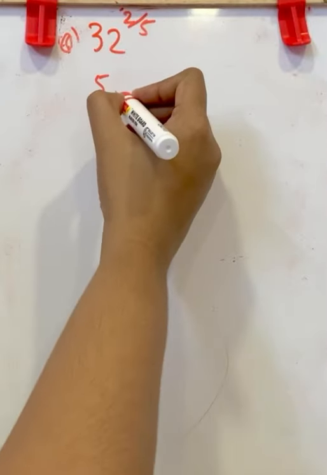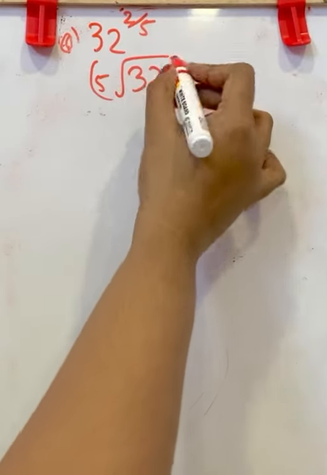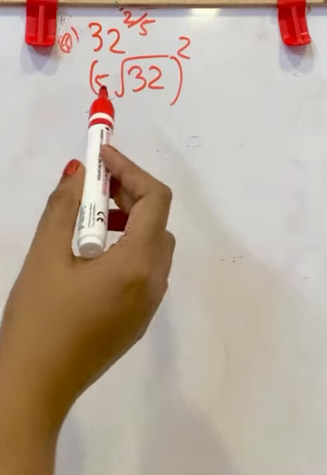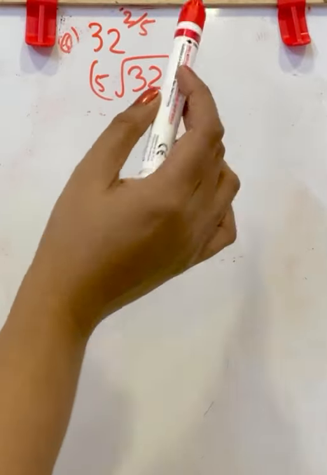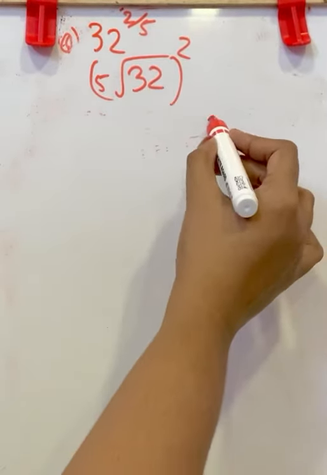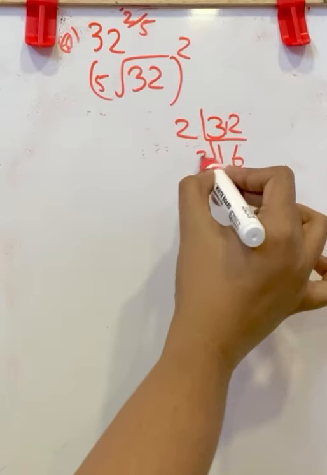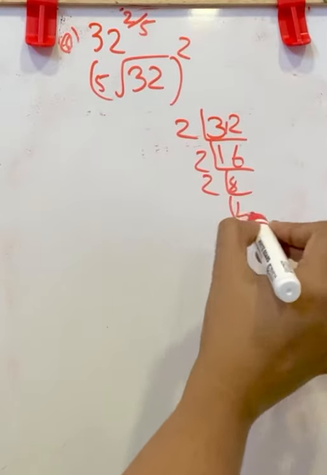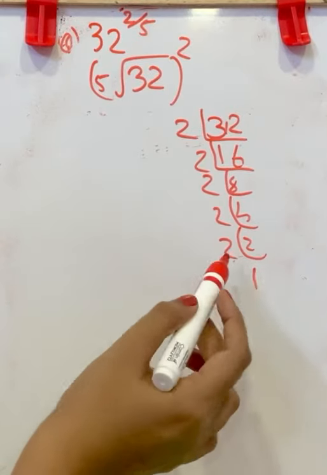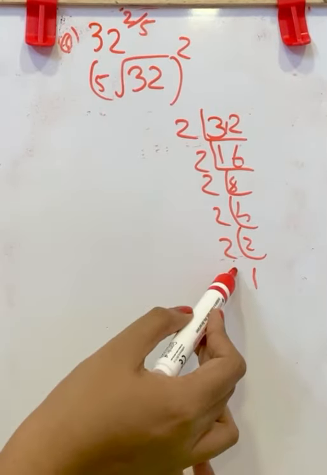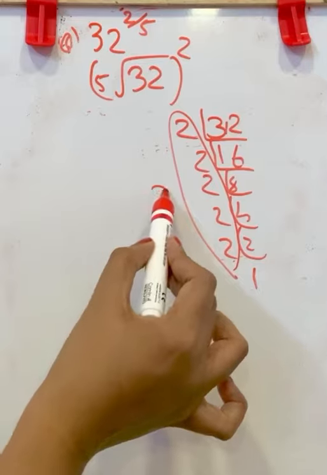Again it is fifth root of 32 whole raised to 2. That is nth root of a raised to m. Now fifth root of 32: 2, 16, 2, 8, 2, 4, 2, 2, 2, 1. Now fifth root, so taking 5 numbers at a time and take 1.